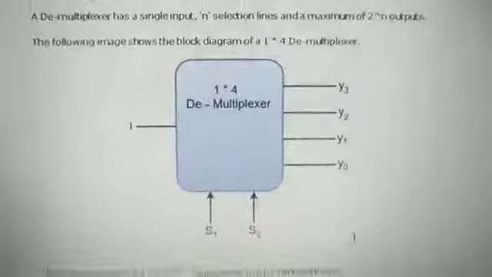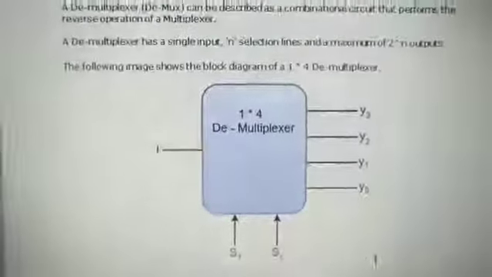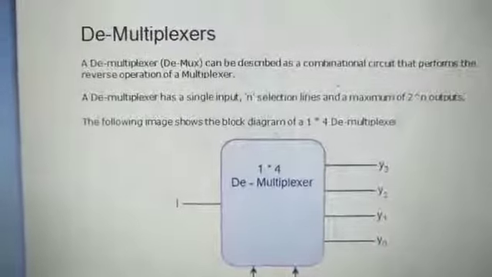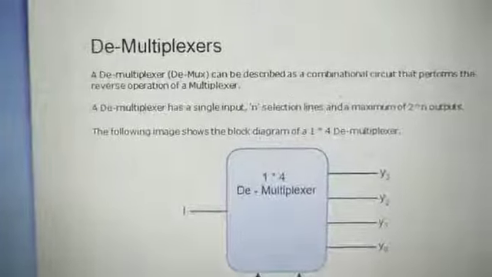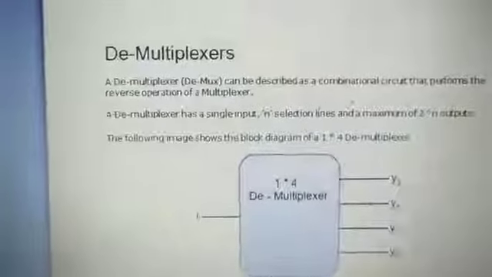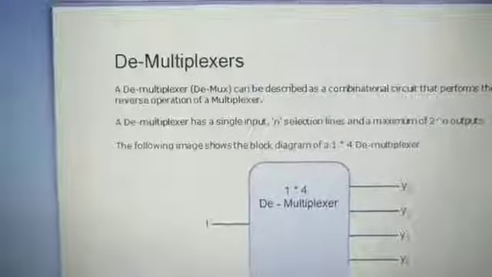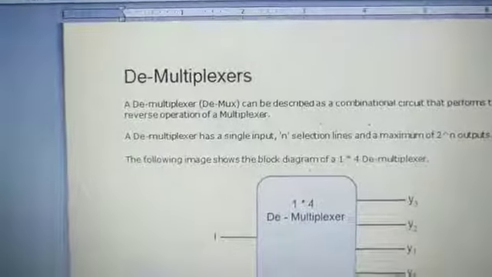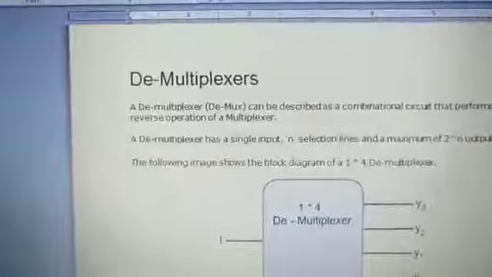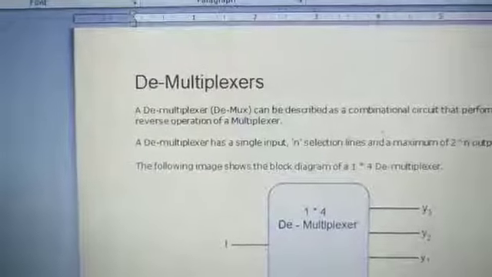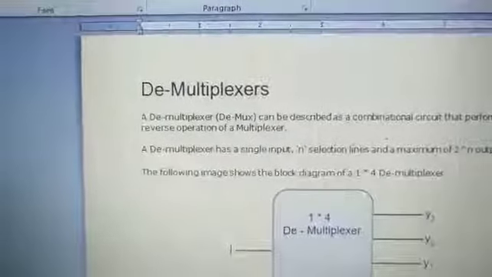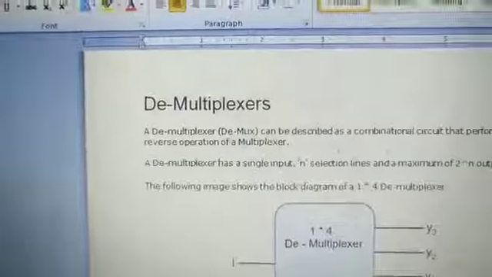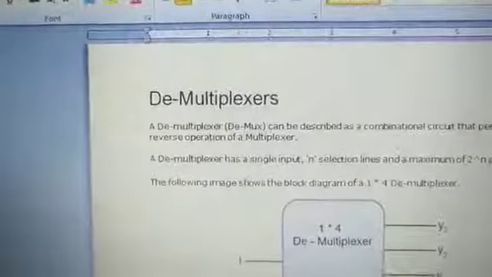So what is the requirement of the select lines S1, S0 over here? The select inputs determine to which output the data input will be connected. As the serial data is changed into parallel data, that is, the input appears on one of the n output lines. So a demultiplexer is called a data distributor or a serial to parallel converter.